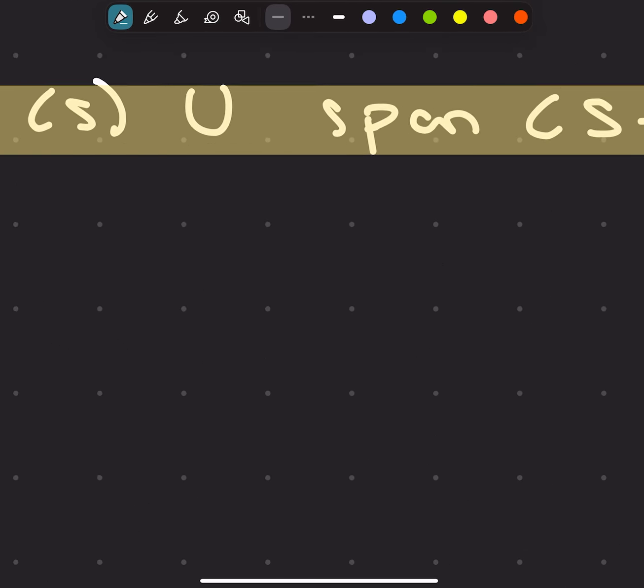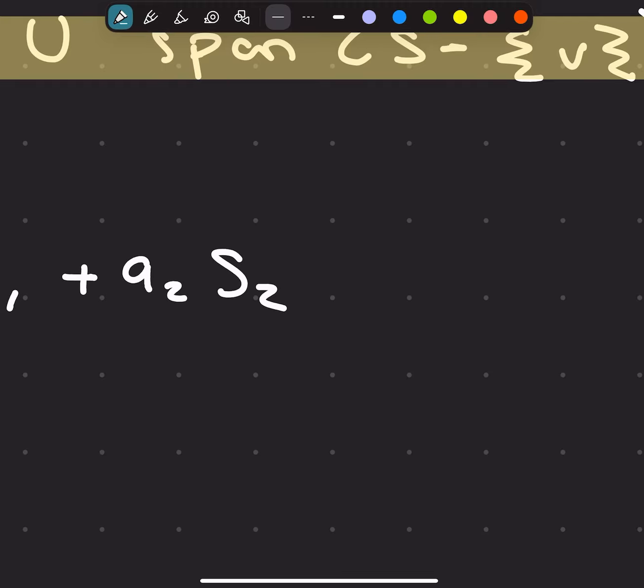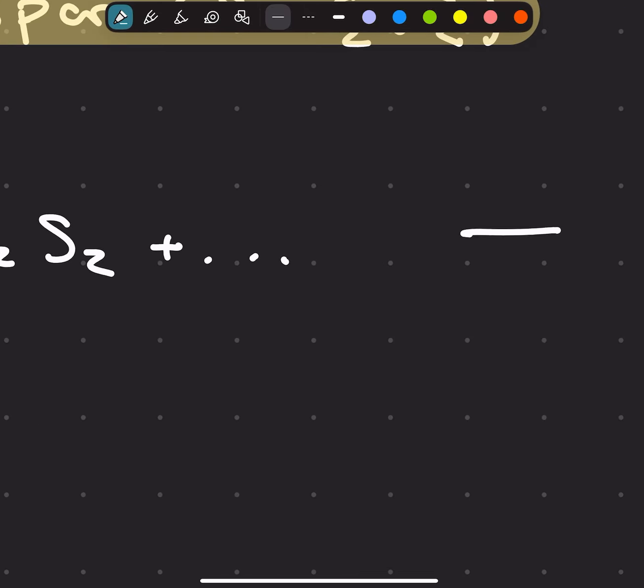Let's say we're given vector VR, which equals A1 S1 plus A2 S2, because we assume V is a linear combination.